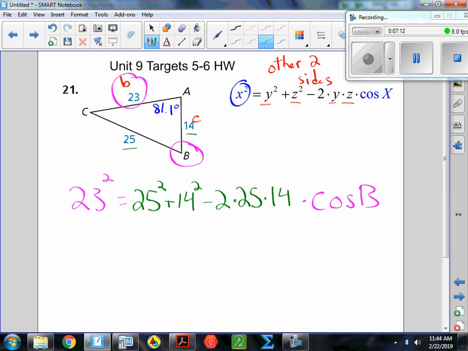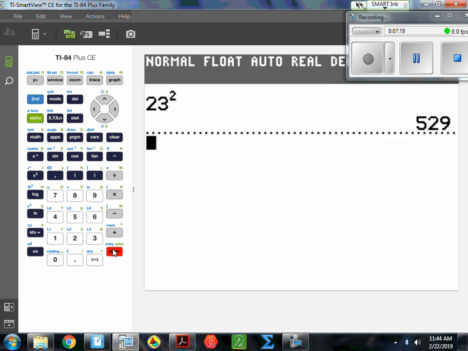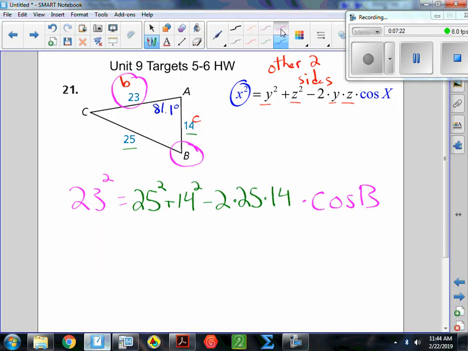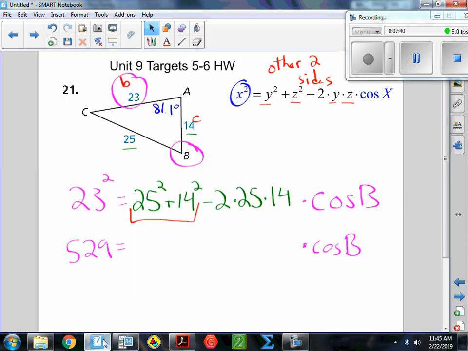I'll do a lot of this stuff in my calculator again. 23 squared is 529. I still have my times cosine B at the end. 25 squared plus 14 squared is 821. I have a minus 2 times 25 times 14.